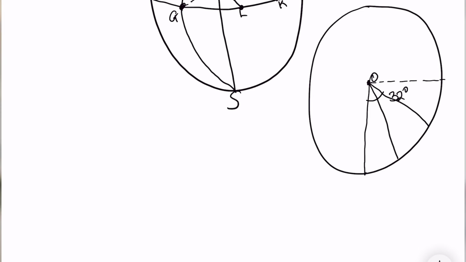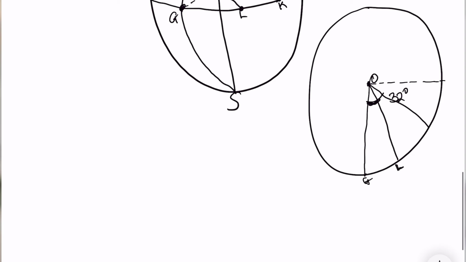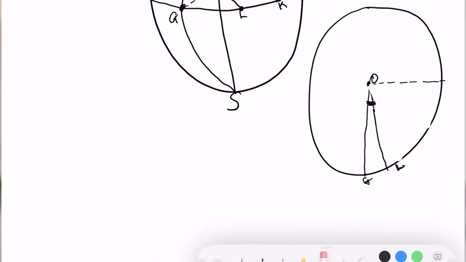Now, this part here is the distance between G and L. The distance between G and L is actually a small line. This is our L, this is our K.